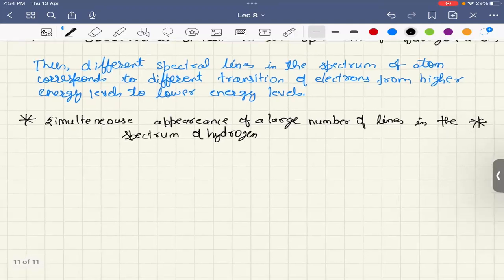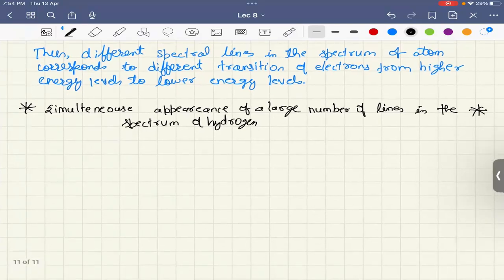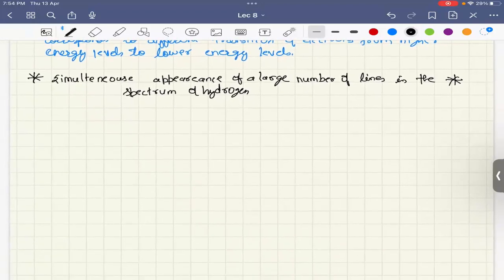So this behavior is quite curious, and you can understand it by the presence of many electrons.